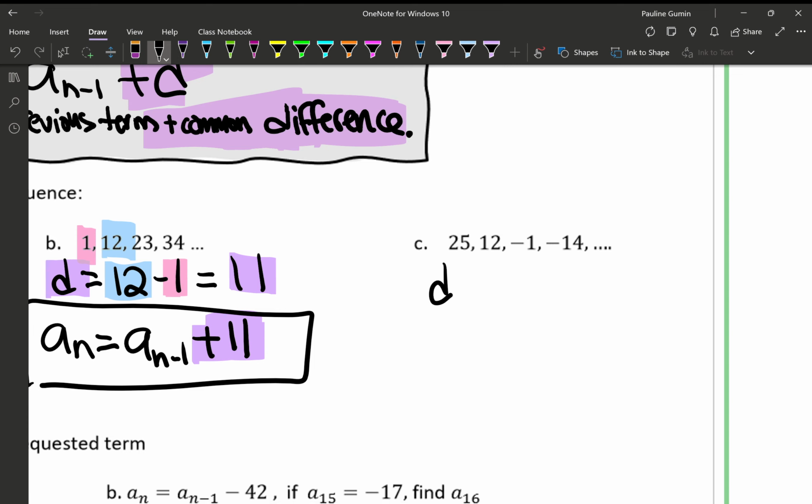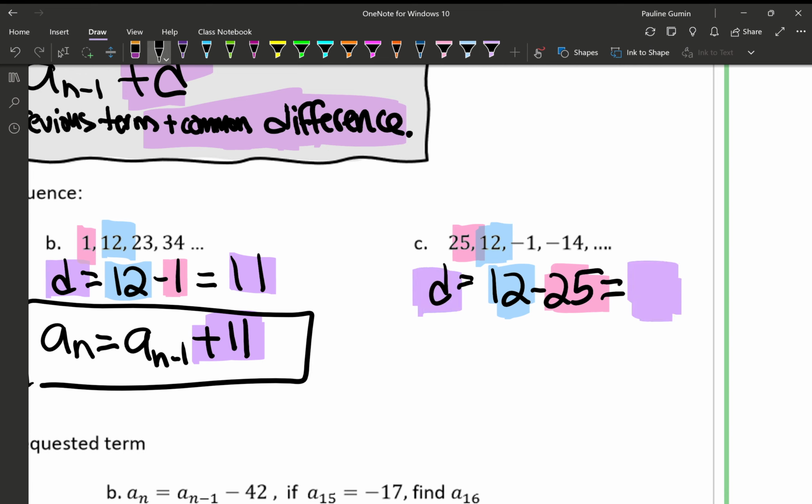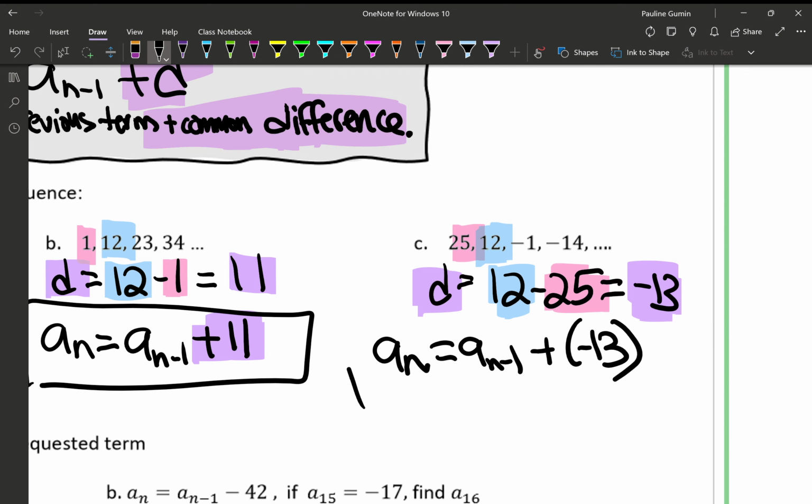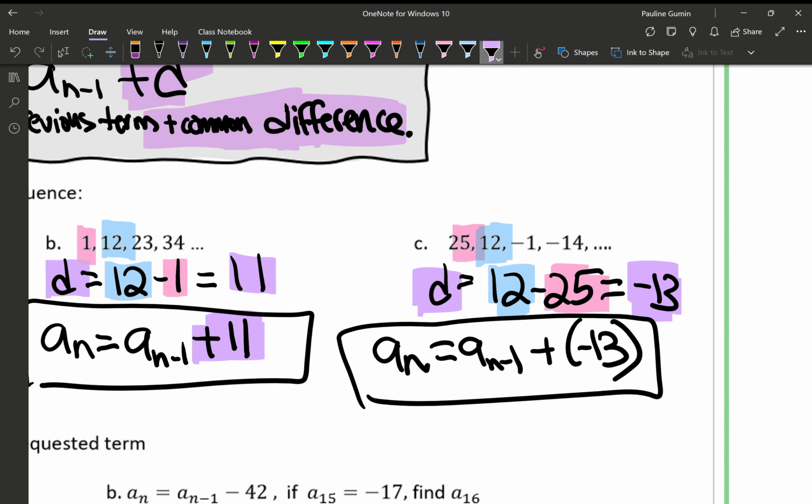Letter C. To find our common difference, we do 12 minus 25, which gives us negative 13. So to find any term in this pattern, we take the previous term and add negative 13 to it. Beautiful.